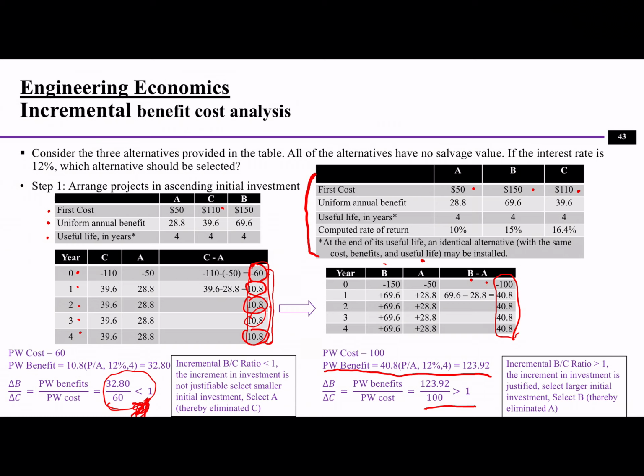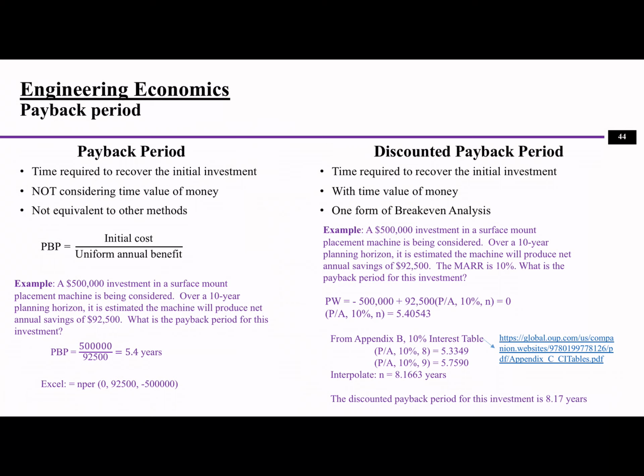We find this value is bigger than 1, which means, because we used B minus A, that B is preferred over A. So this is called incremental benefit cost analysis: first we put the alternatives in sequence, then compare 2 by 2, eliminating one at each step.